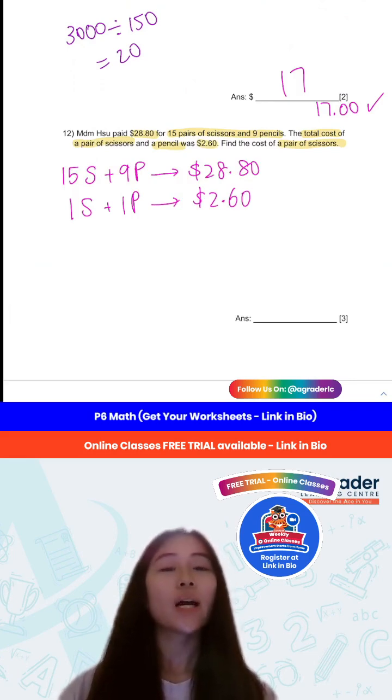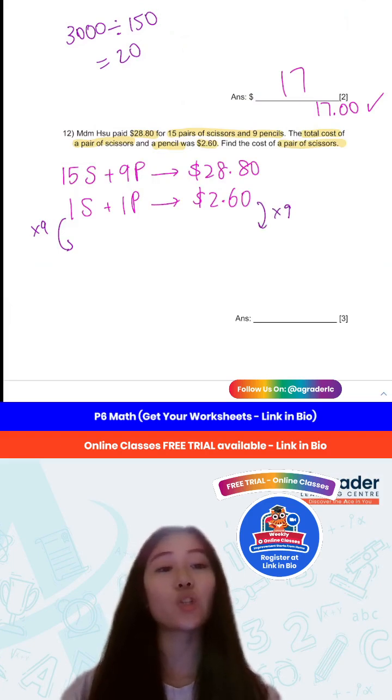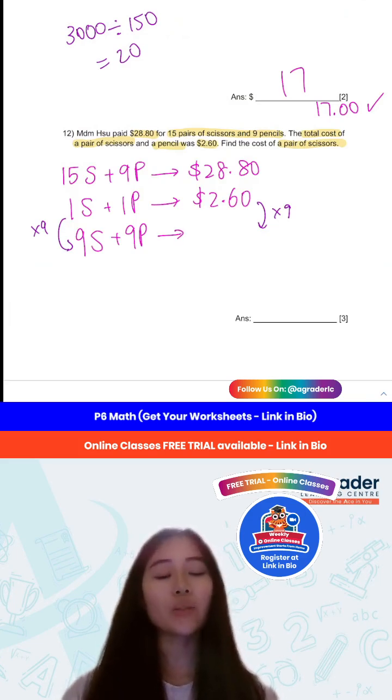Okay, so I'm going to try to make the pencils the same. You can make the pencils the same by multiplying by 9 for this entire equation. So you will get 9 scissors plus 9 pencil equals to 260 times 9, which is 2340.